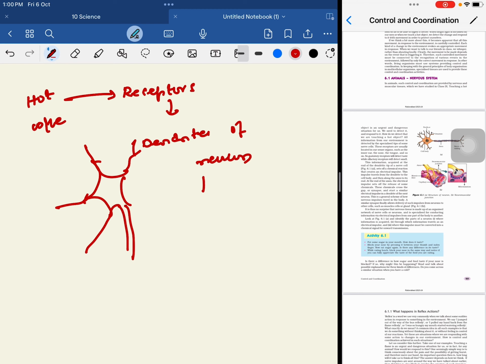So from the dendrites, the chemical material comes into the cell body. From the cell body, they travel along the axon.